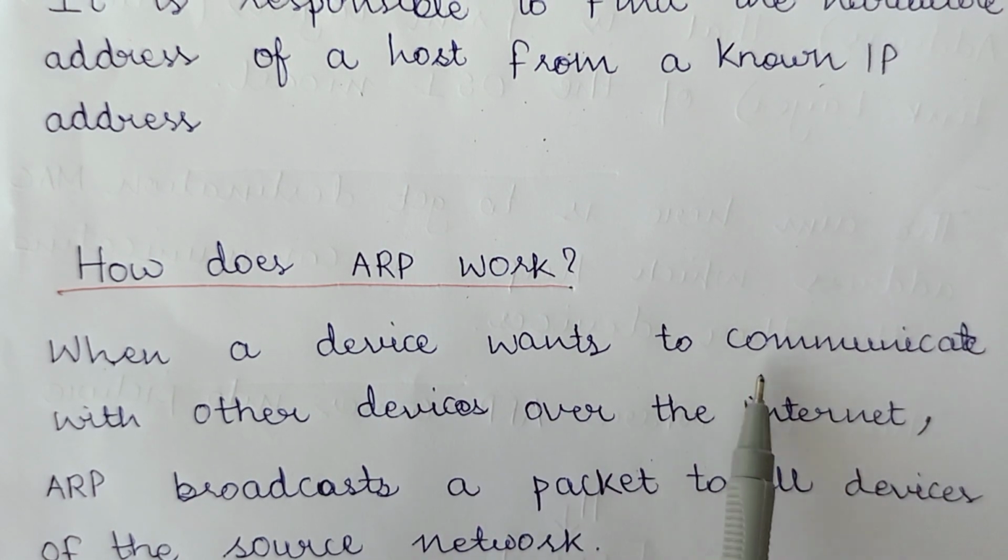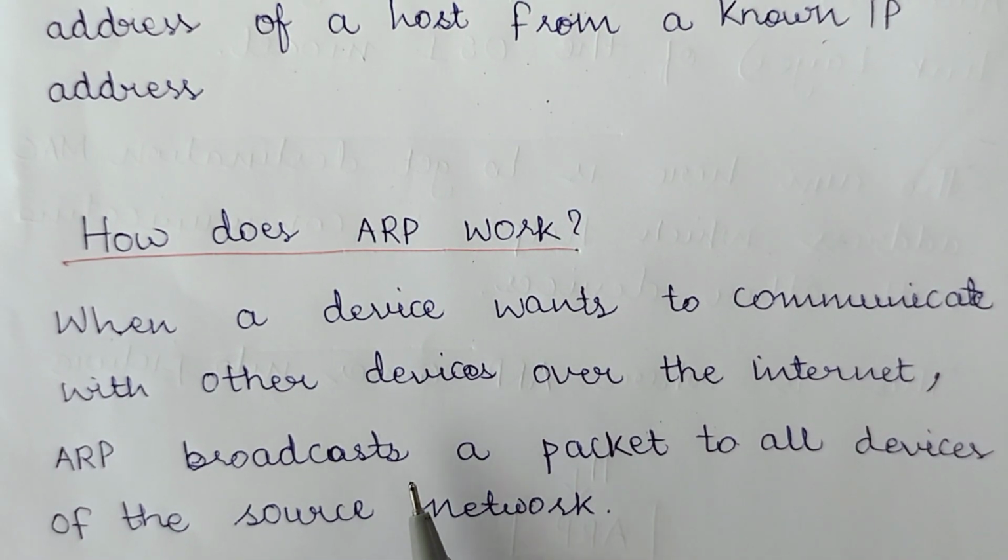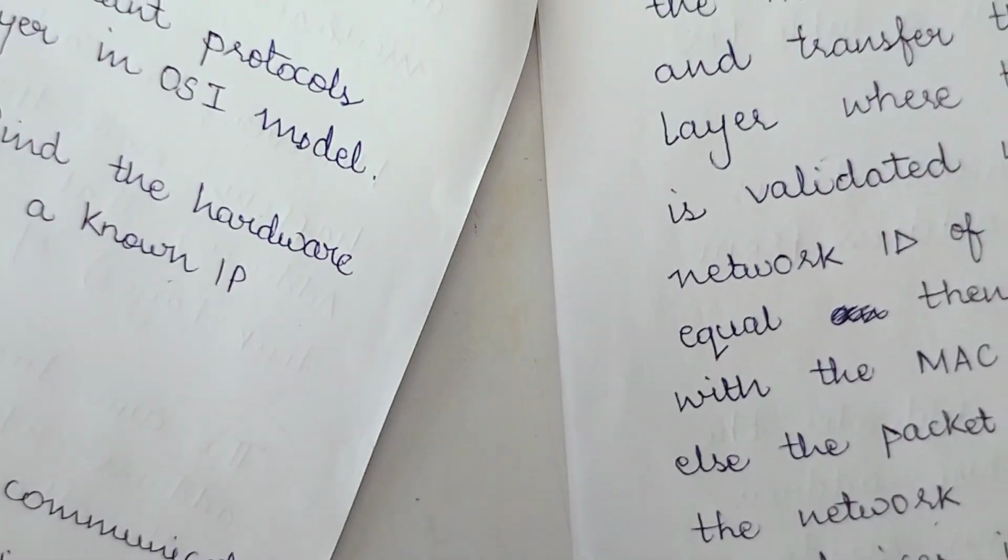So when a device wants to communicate with another device, ARP will broadcast a packet to all the devices of the source network. That means there is one source device which wants to communicate with another destination device. So in that case, ARP from this source device will broadcast the packet to all devices on the same network.